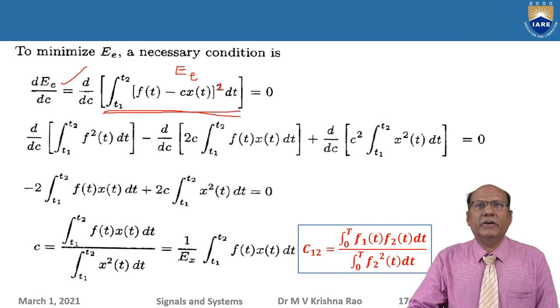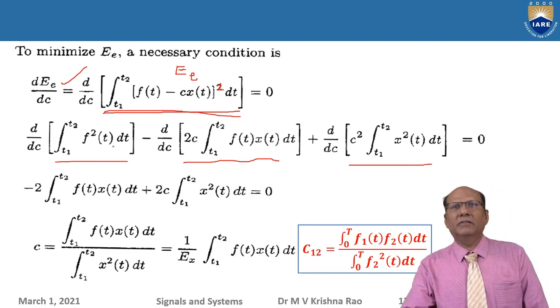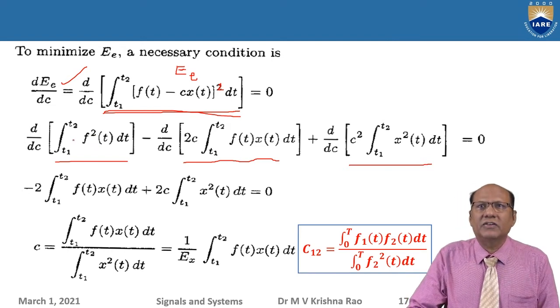This is the a square term, this is the 2ab term, and this is the b square term. All separately you are differentiating. Because it is only a summation, you can differentiate accordingly. Individual terms you can differentiate here.